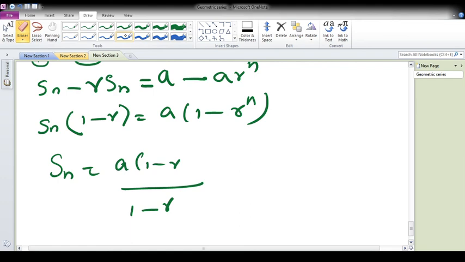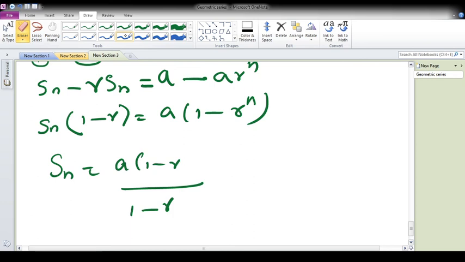That's why we say if mod r less than 1, r power n converges to 0 as n tends to infinity.